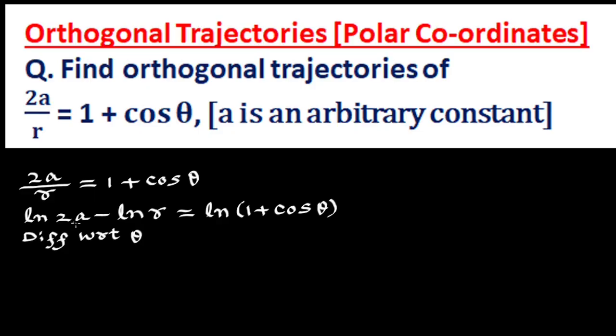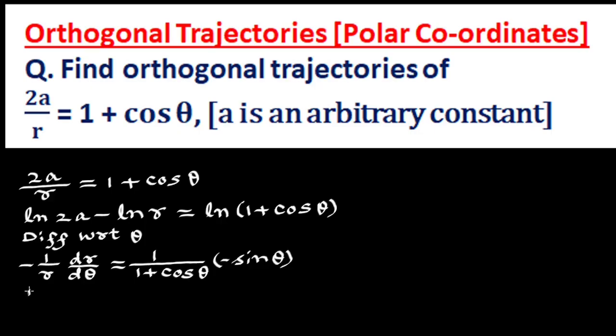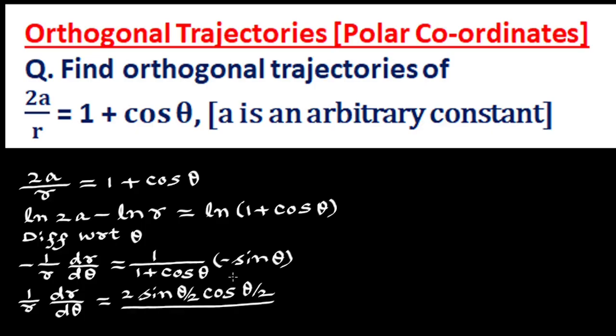Derivative of ln 2a is 0, minus 1 by r dr by d theta equals 1 by 1 plus cos theta into minus sin theta. 1 by r dr by d theta equals, for sin theta we will write 2 sin theta by 2 cos theta by 2 upon, for 1 plus cos theta we write 2 cos square theta by 2. Cancelling 2 and 1 cos theta by 2, we get tan theta by 2.